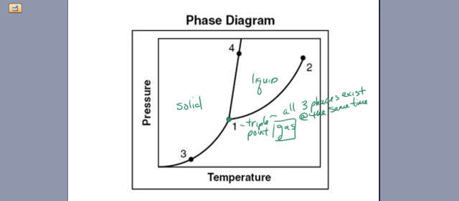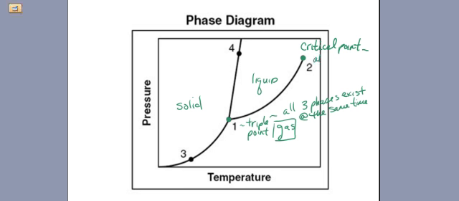Number 2, all the way up here, is called the critical point, or the critical temperature. That is the temperature above which you cannot change something into a liquid.